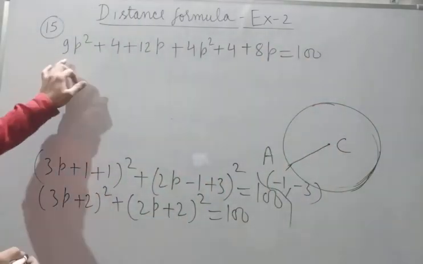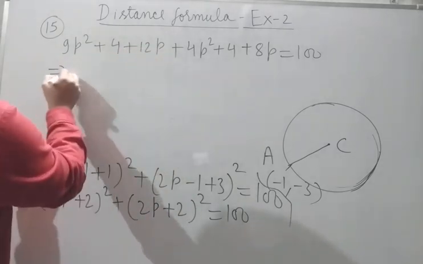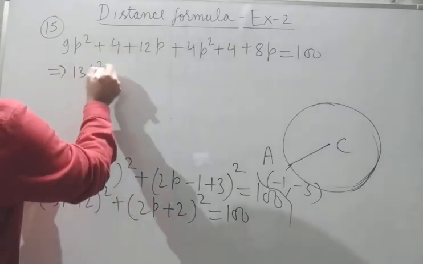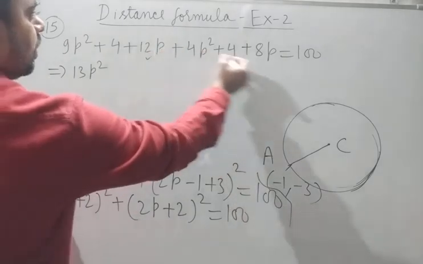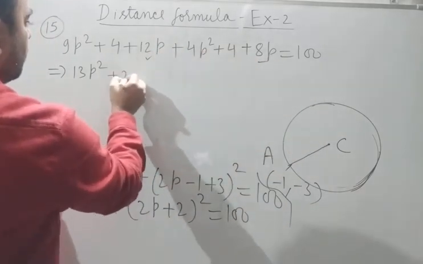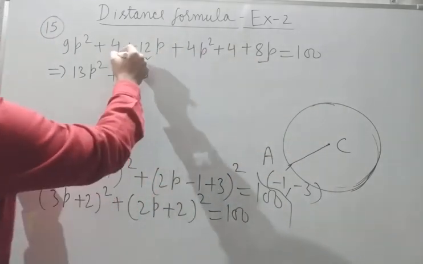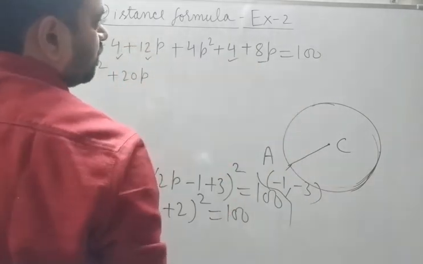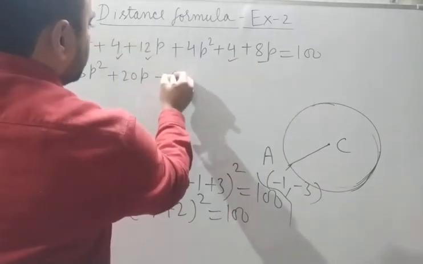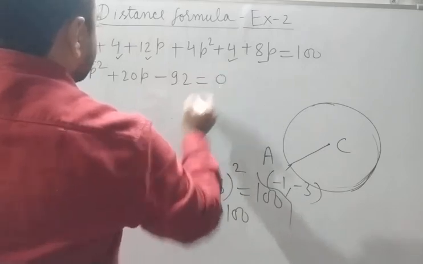Correct? So 9p square plus 4p square will give 13p square. Then 12p plus 8p will give 20p. Then 4 plus 4 is 8. 8 minus 100 is minus 92, equal to 0.